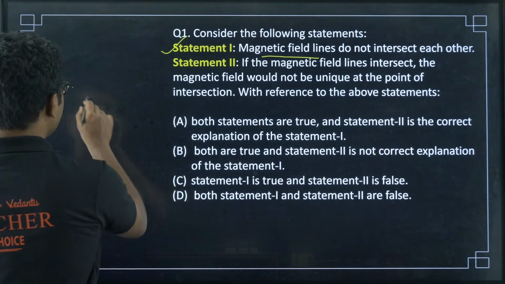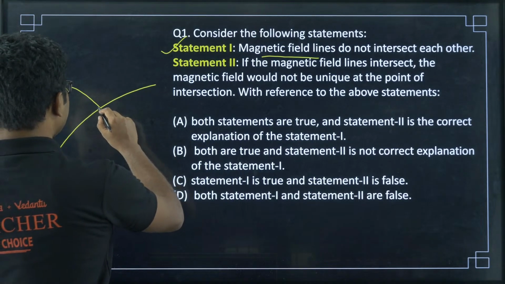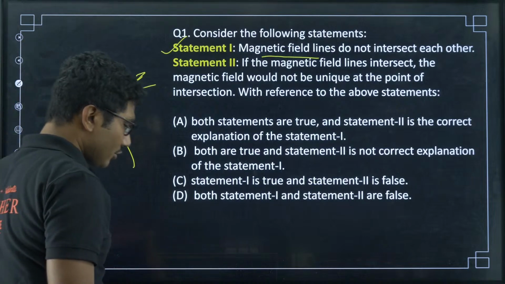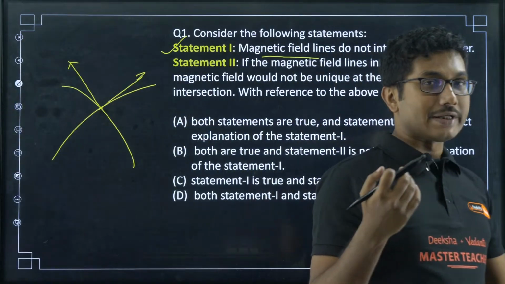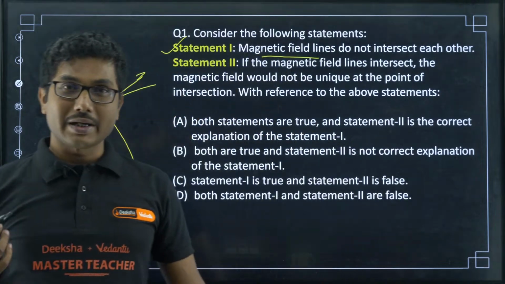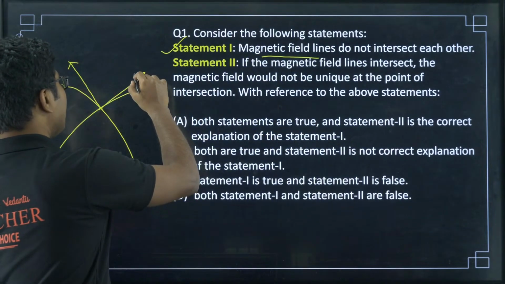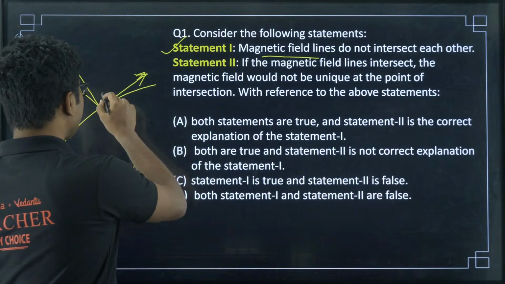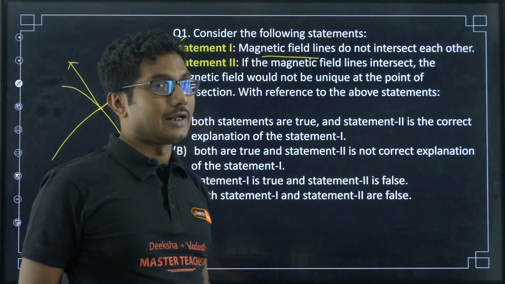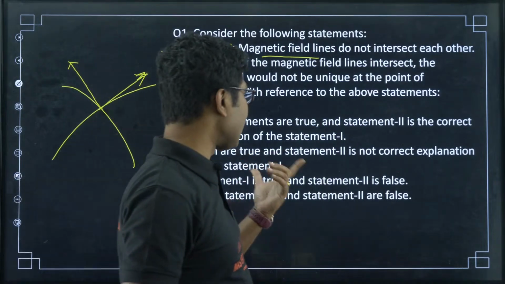That means if two field lines intersect, at the point of intersection we will have two different directions of the magnetic field, which is not possible. There will be only one direction of the magnetic field, but in this case we have two different directions. So definitely statement 2 is also correct, and whether it is a correct explanation or not, you have to identify and answer it.